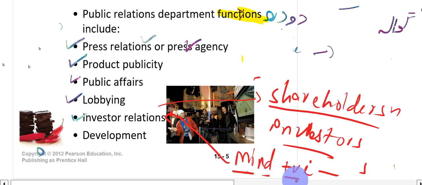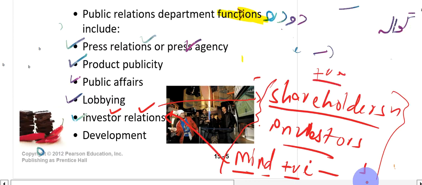So in order to get good investment from the audience or from the public, organizations should try to keep a very healthy relationship with investors and shareholders, to keep delivering positive messages to them, and not just positive messages but also giving them financial benefits.